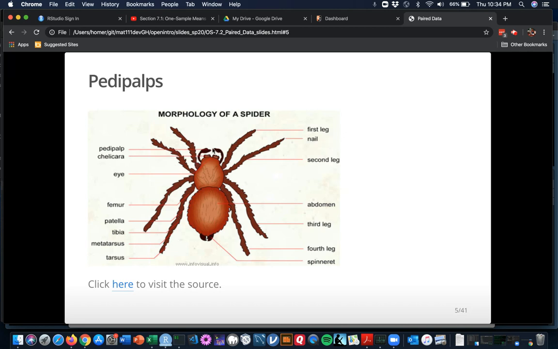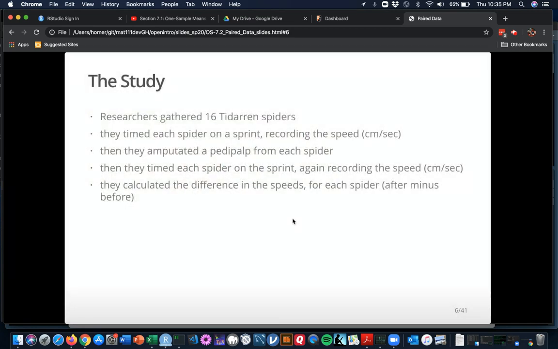But then there's also these 2 little feeler-looking things coming out of the front, and they're called pedipalps. In a lot of spiders, they're kind of small, but in other spiders, they're quite big. They're almost like the size of one of their legs. And Tadaran spiders actually have fairly big pedipalps.